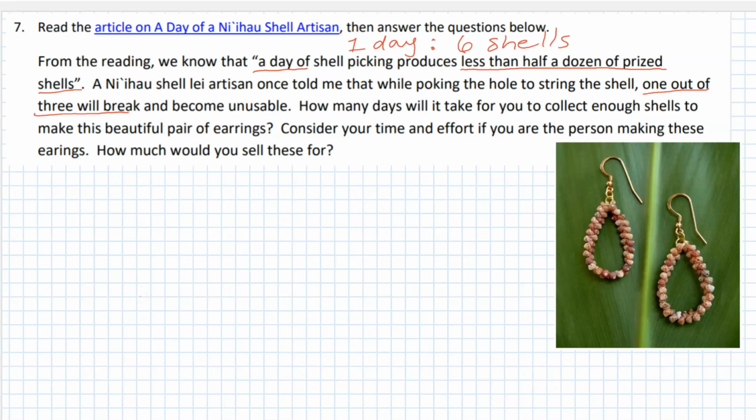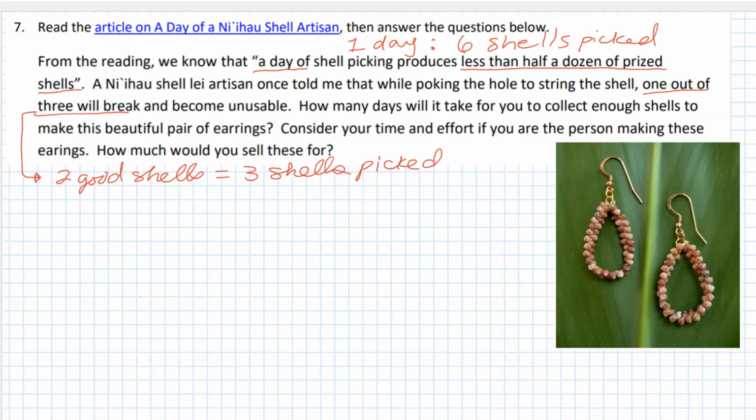So the conversion that we will see out of this is 2 good shells in 3 shells that are picked, right? Okay, so I say picked here. Okay, just to be clear.